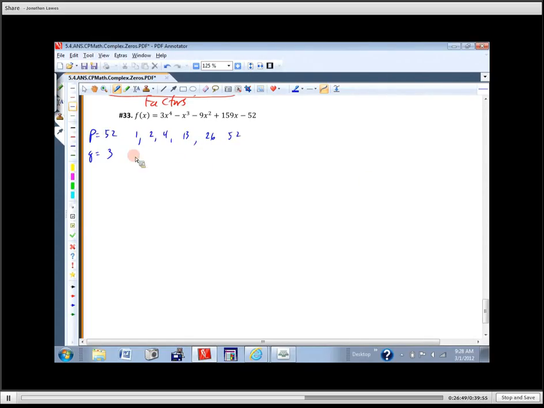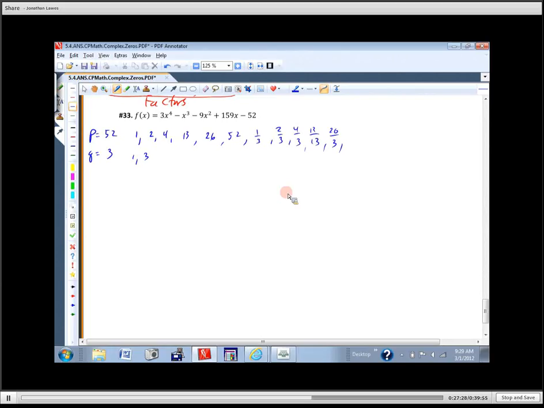For Q, 1 and 3. Okay? I gave you a little shortcut yesterday. If you take every one of these and put them over 1, you're just going to rewrite those numbers. So let's keep these right here, and then let's add 1 over 3, 2 over 3, 4 over 3, 13 over 3, 26 over 3, and do we need 52 over 3?